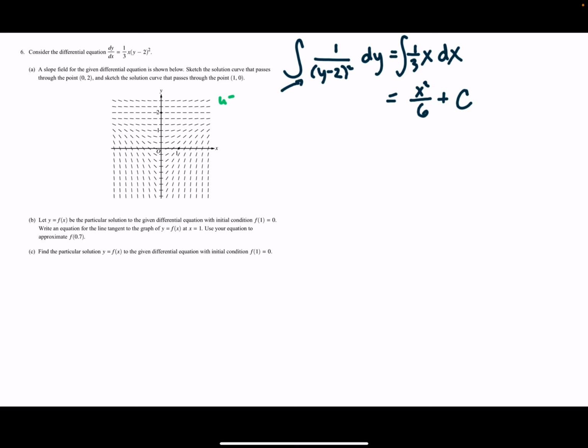If I let u equal y minus 2, du is just dy, so there's no coefficient change. I have the integral of u to the negative 2 du, which is increasing the exponent by 1 and dividing by the new exponent, giving negative 1 over u. Putting that back in terms of y, I have negative 1 over (y minus 2).